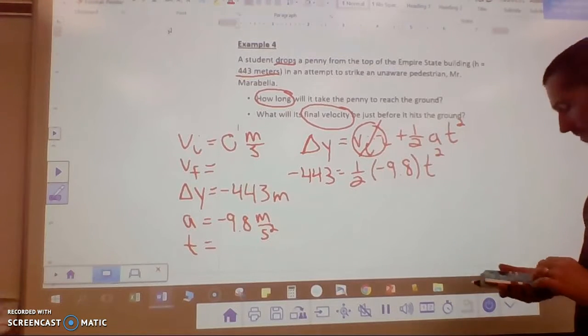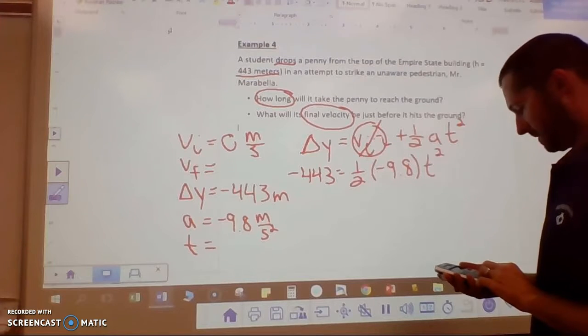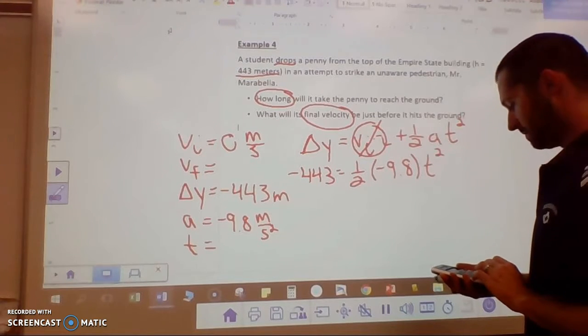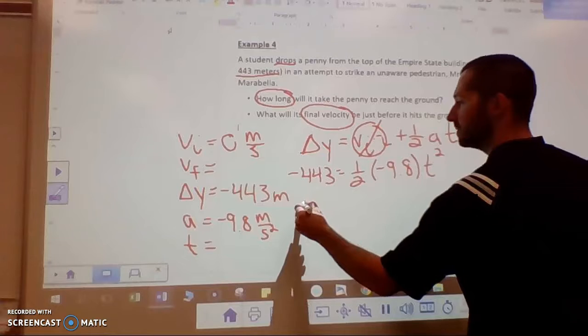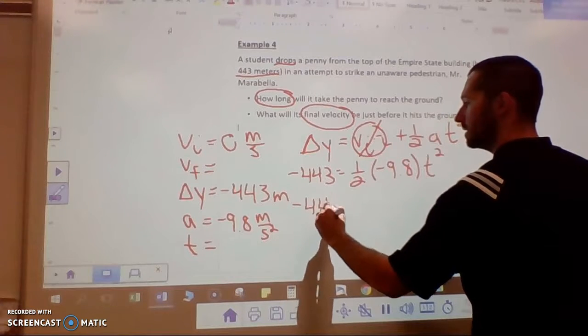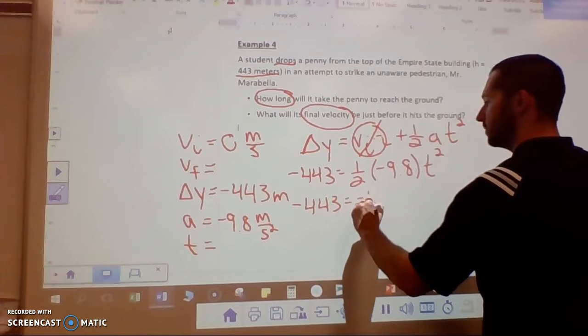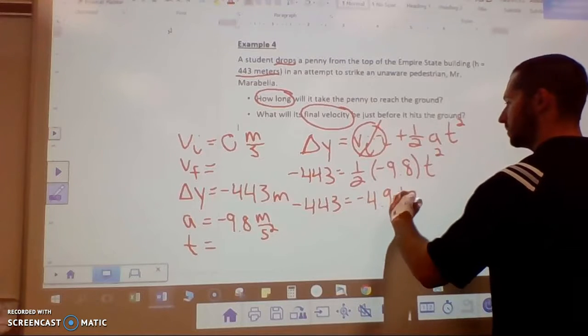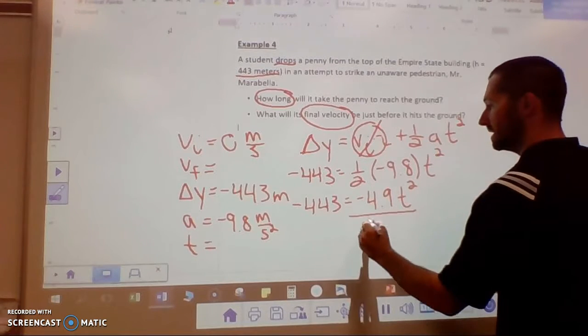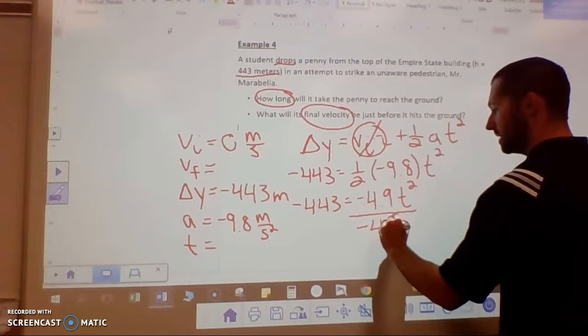The rest of this point is really just the algebra. Actually, we'll show out the math. So negative 443 equals negative 4.9 times t squared. Divide by negative 4.9.